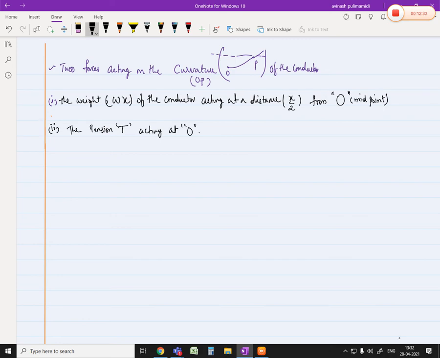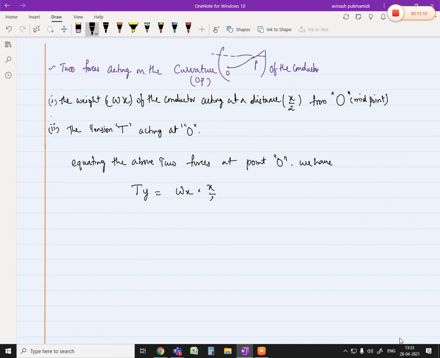So equating these two forces, one is the tension and the other the weight. Tension will be acting along the y direction, whereas the weight will always be acting along the x direction. So thereby, equating the above two forces at the midpoint O, we have tension acting along y direction and weight always acting along x direction.